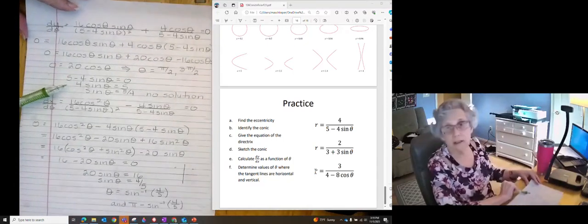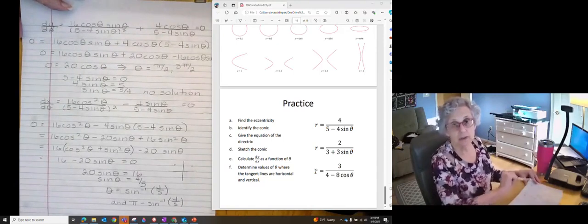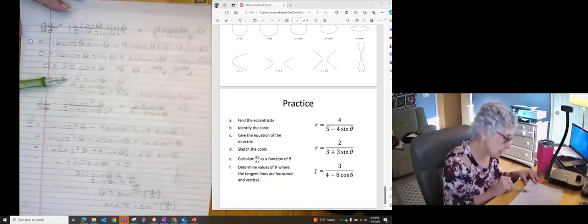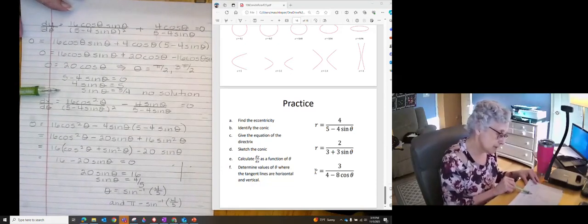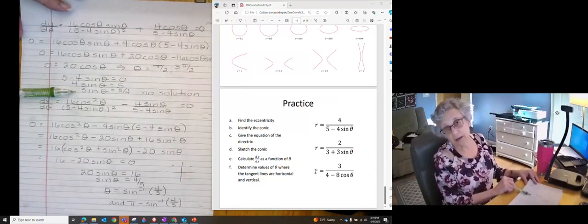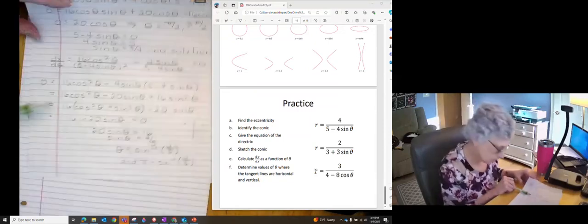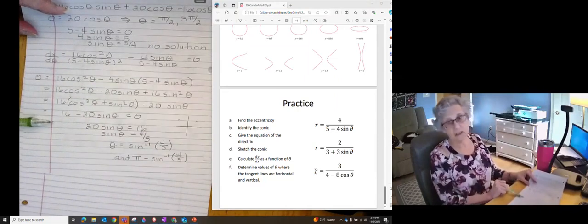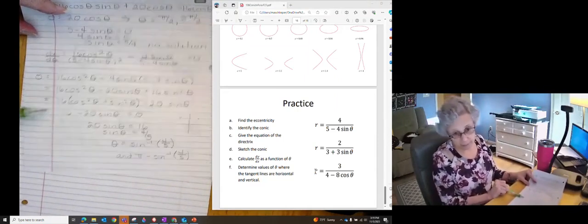Then I just checked that denominator to be sure that there are no zeros there to cause trouble, and there aren't, because 5 minus 4 sine theta is equal to 0 when sine of theta is equal to 5/4, and that has no solution. Then I looked at the numerator, and this is the one that didn't come out with a pretty number.